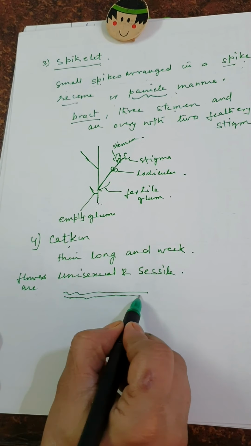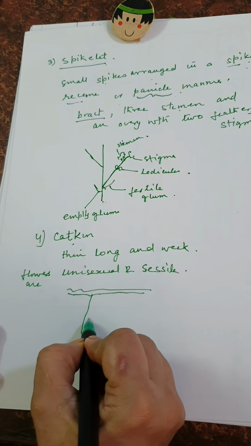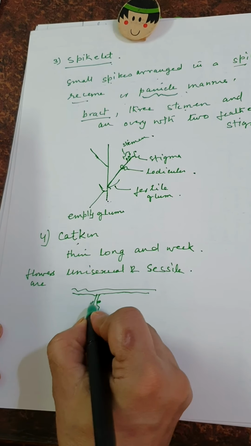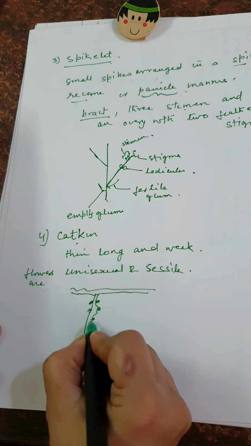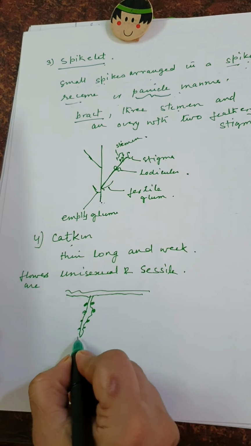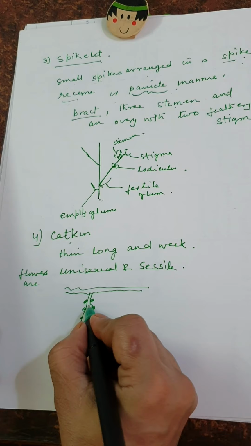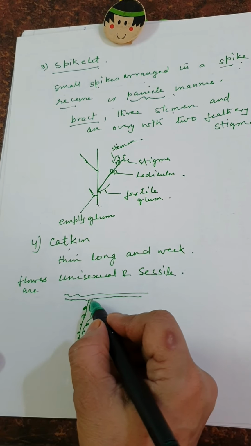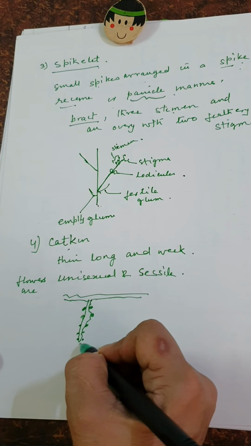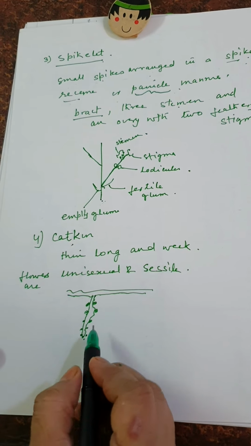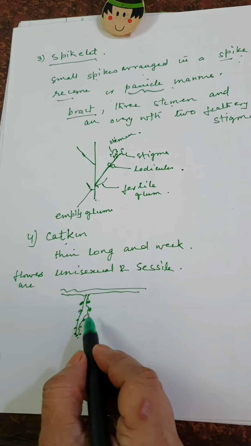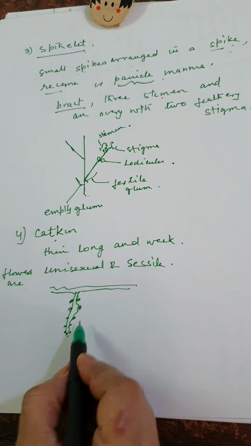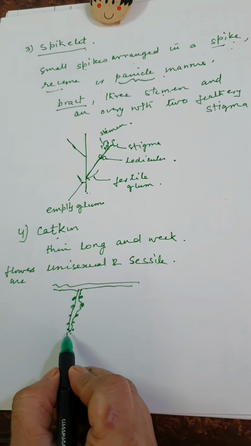The peduncle is elongated but hanging. The flowers are sessile, not pedicellate, and arranged in an acropetal manner.